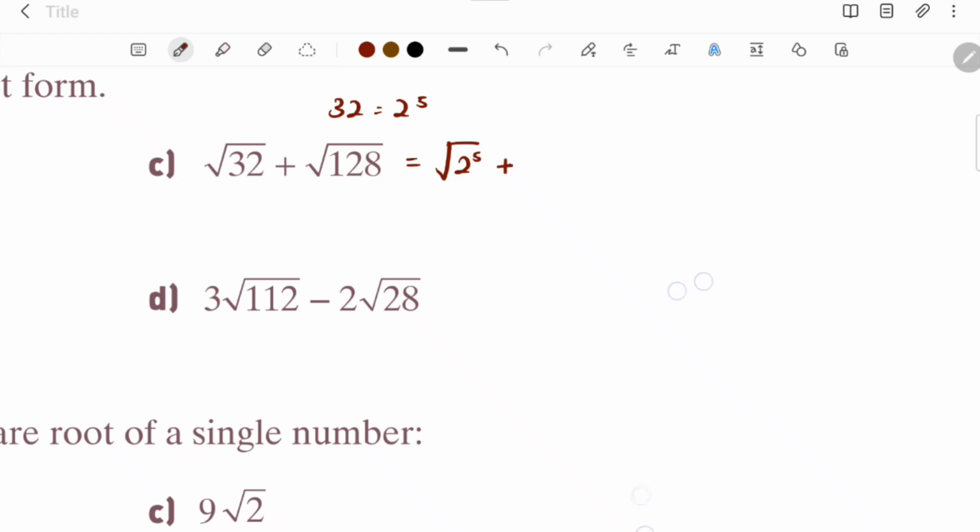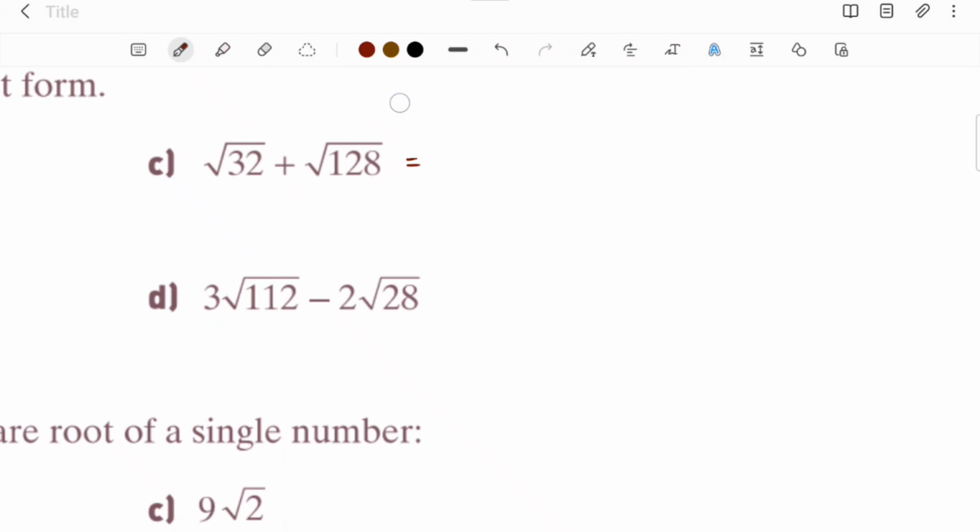Okay, let's look again for C. This one we try to see 32 and 128, what are their common factors? The highest common factor.